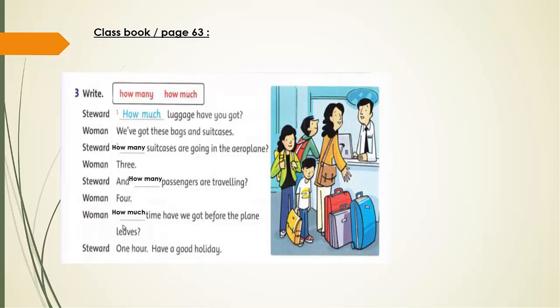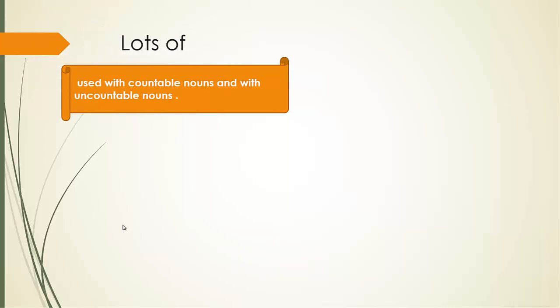Okay, so now let's go here. We have lots of. It's also a quantifier for talking about what? Yeah, lots of is used with countable nouns and with uncountable nouns. So the quantifier lots of goes with both countable and uncountable nouns.